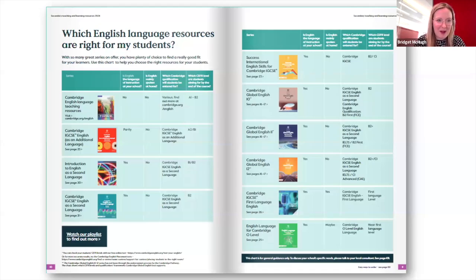But essentially, with the question about English as an additional language compared to English as a second language, the CEFR level for English as an additional language as a series is quite a lot lower.